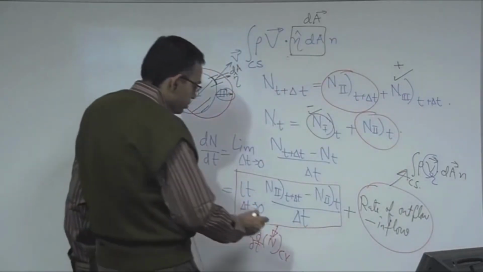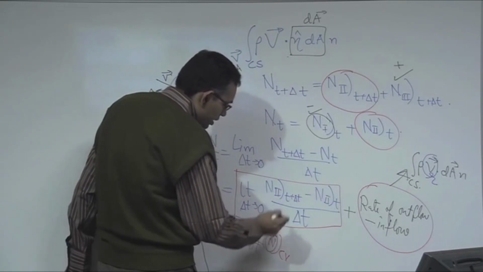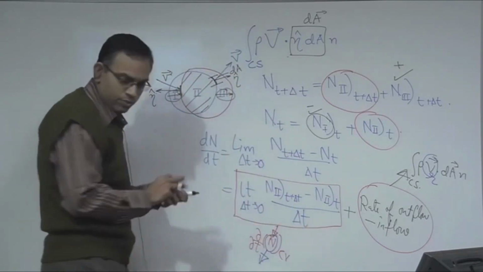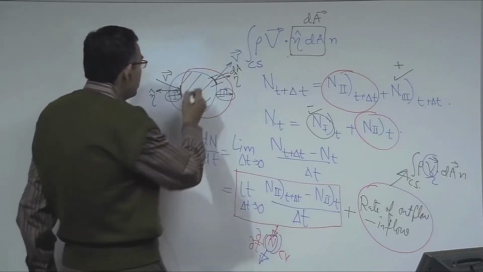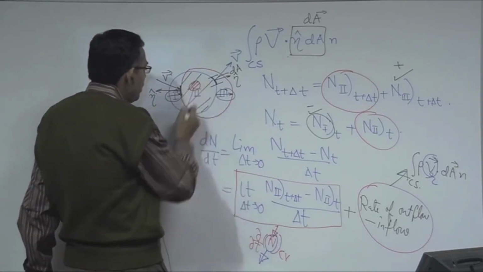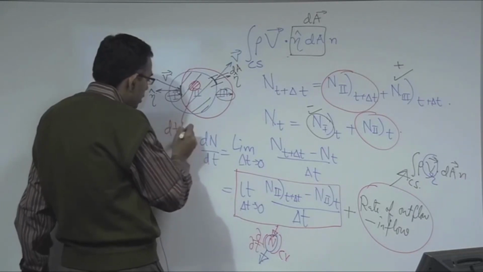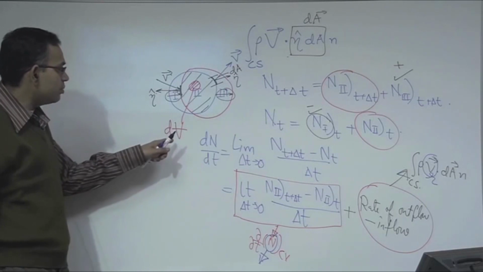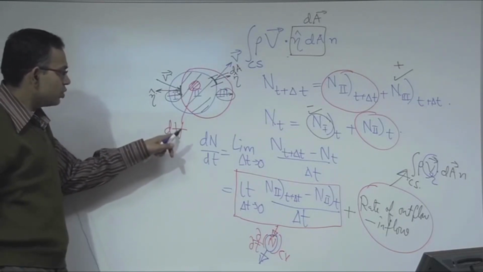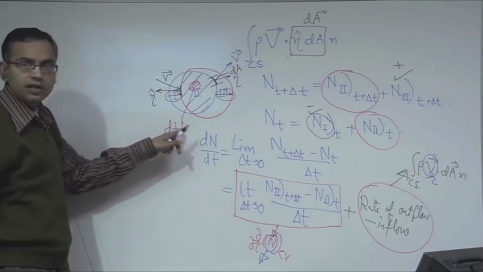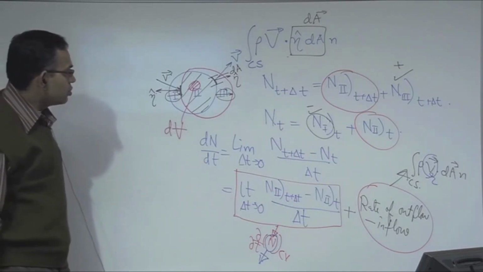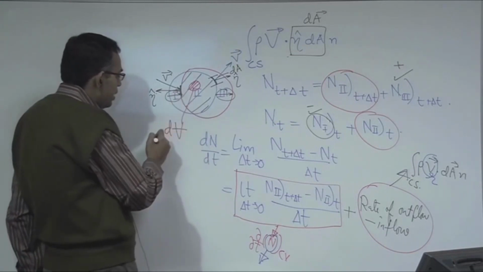Now, what about this small n, capital N? If you take a small volume within the control volume of dV, because velocity sometimes we use V, so we are just using a slightly different symbol to indicate volume. So what is the mass of this element?